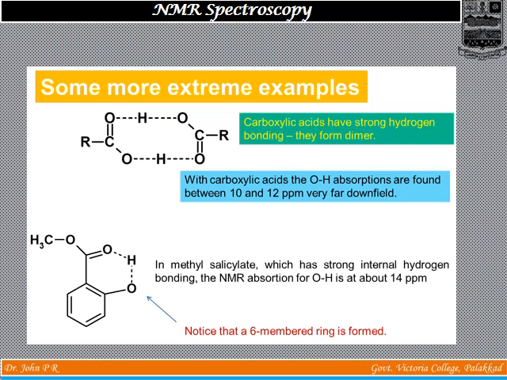So in summary, what are the factors affecting the chemical shift values? Nu is equal to gamma by 2 pi B0 into 1 minus sigma.